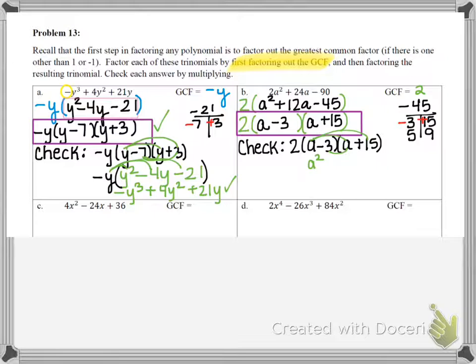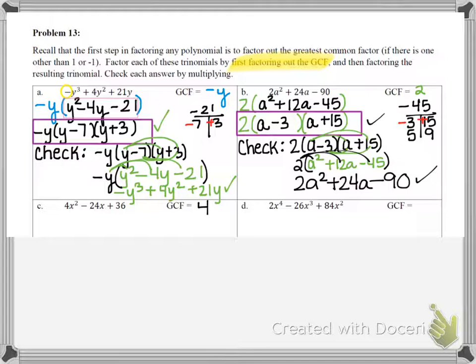That's going to give me a squared, then plus 15a minus 3a gives me plus 12a in the middle, and then I end with minus 45. But remember, I still have to distribute the 2. And then after I distribute the 2, I get the original trinomial that I started with. So I know that my boxed answer is correct.